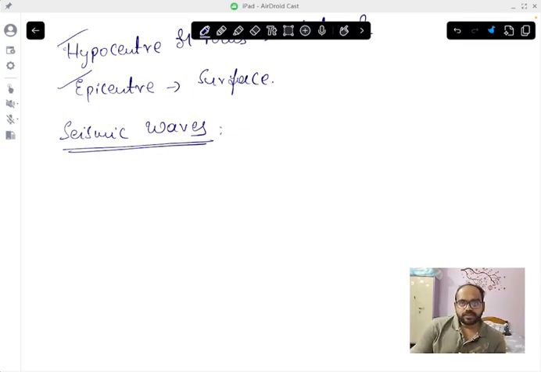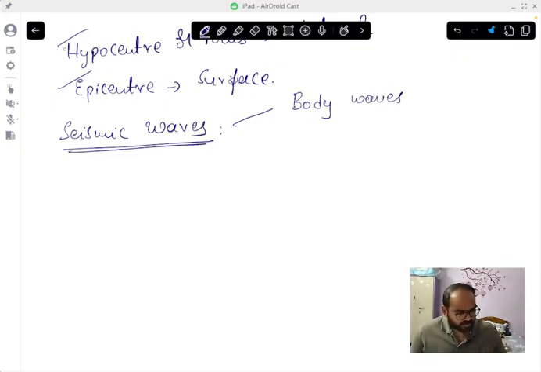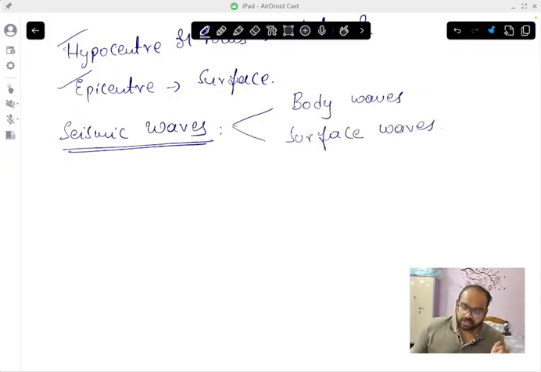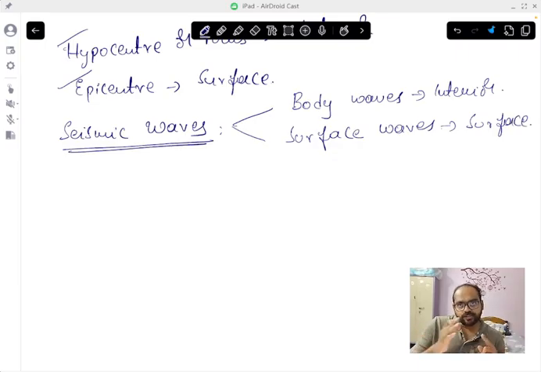These seismic waves are of two types: body waves and surface waves. Body waves travel faster than the surface waves. Body waves are present in the interior of the earth, and when they reach the surface, they are called surface waves.